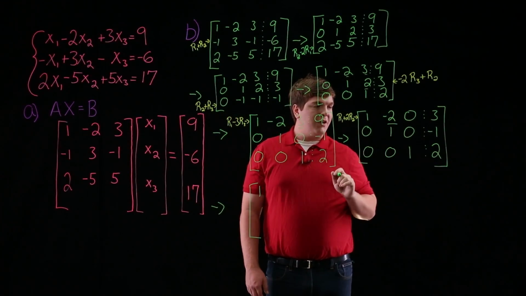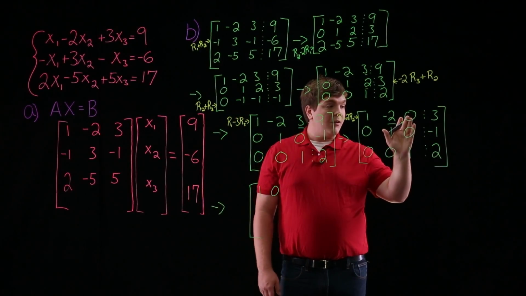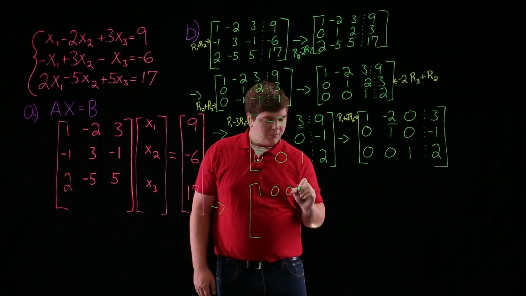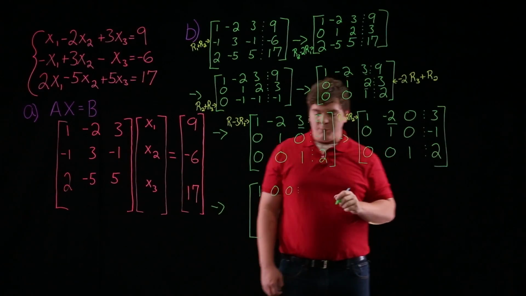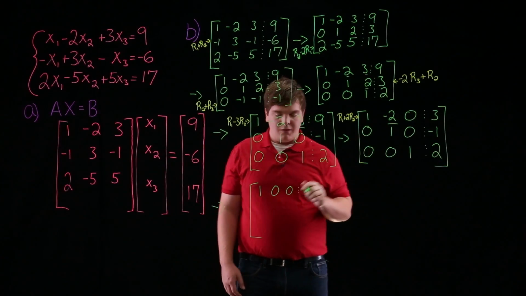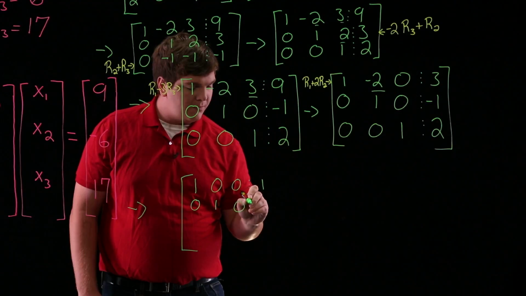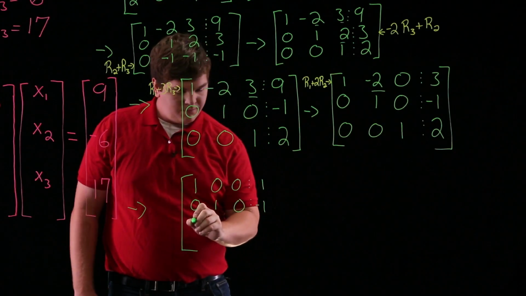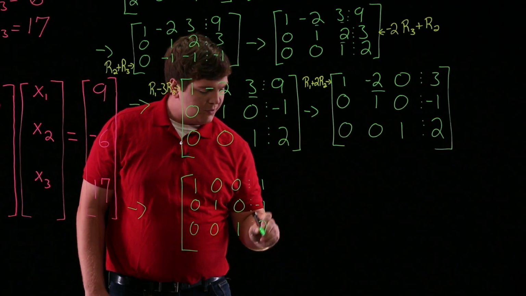Negative 2 plus 2 times 1 is 0. 0 plus 2 times 0 is 0. And then we have 3 plus 2 times negative 1 is 1. And our second and third rows remain exactly the same. So our second row is 0, 1, 0, negative 1. And our third row is 0, 0, 1, 2.